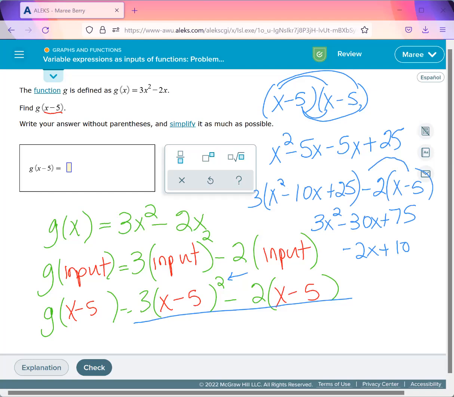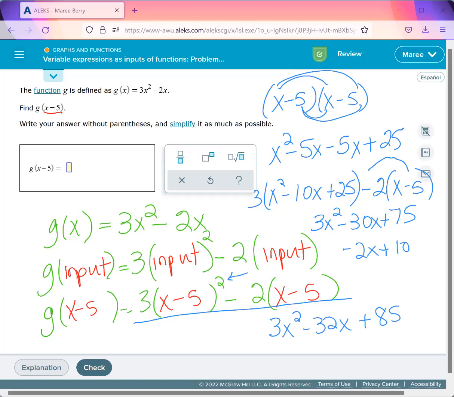We'll combine our like terms, and we're left with 3x squared, minus 30x minus 2x is a minus 32x, and 75 plus 10 is 85.